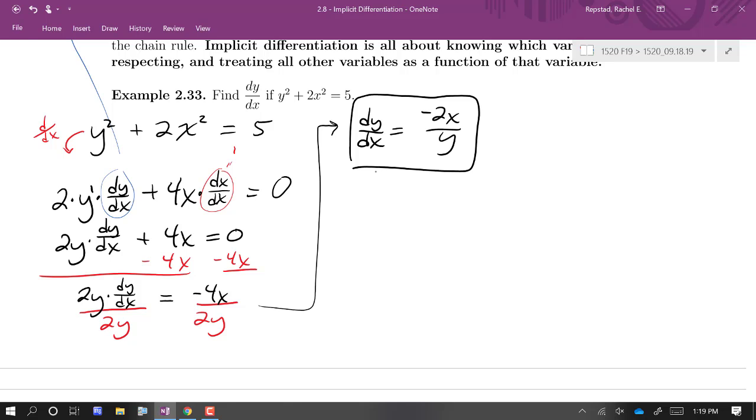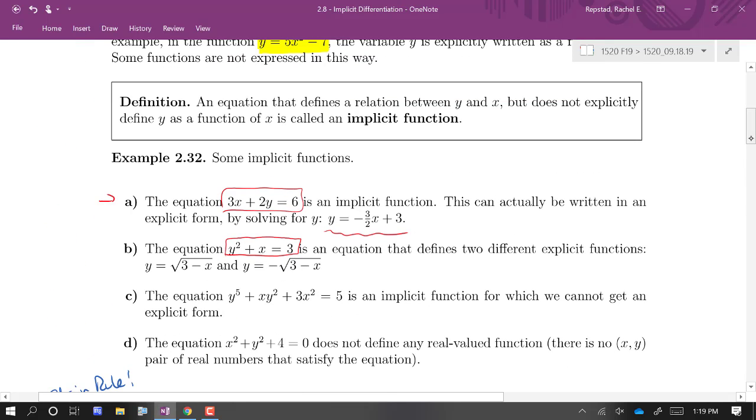And it should, yeah, go ahead. So the only time it wouldn't is in that first example where x and y aren't squared. Well, here we could get an explicit version of, like this one you're talking about? Yeah, because we could get that written as an explicit version. So if you use implicit differentiation on this one, if I take the derivative all the way through this equation, you get 3 plus 2 dy/dx equals 0.